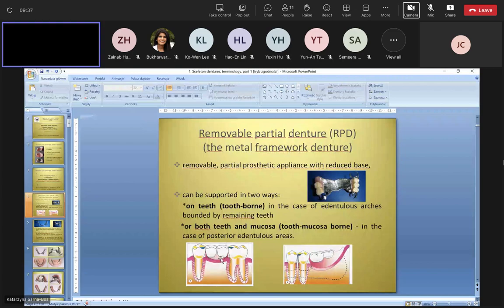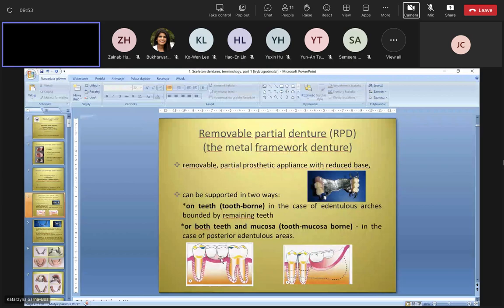So this kind of denture is called a tooth-supported denture. And another one, teeth and mucosa, tooth-mucosa-borne denture in the case of the posterior edentulous area.